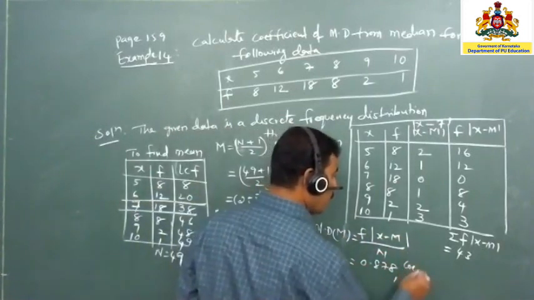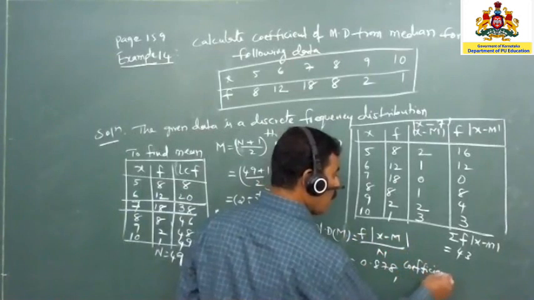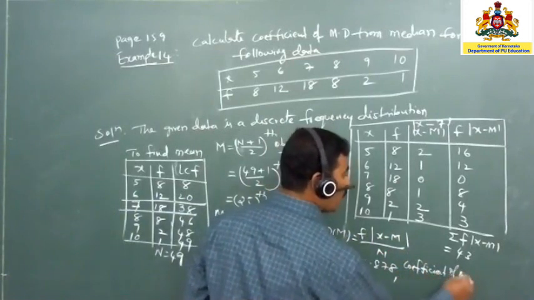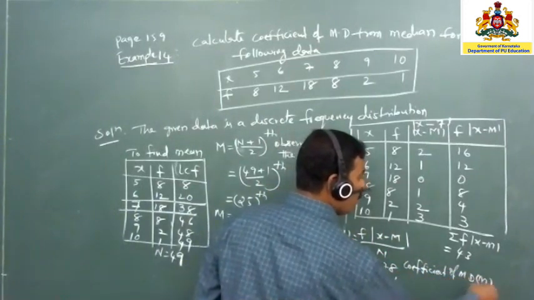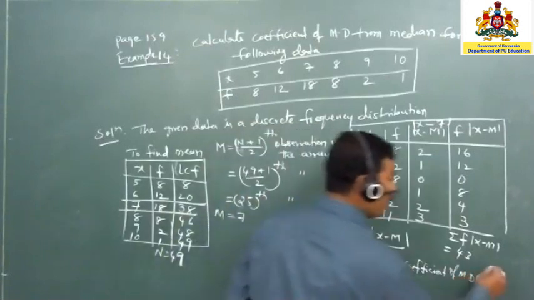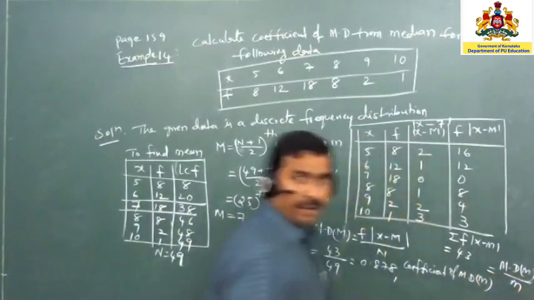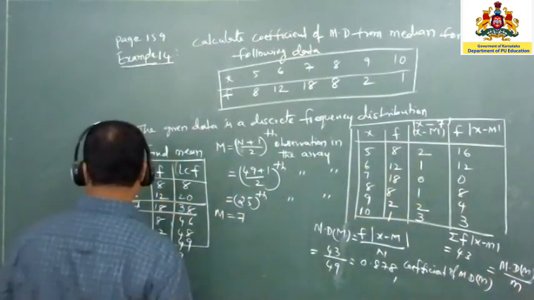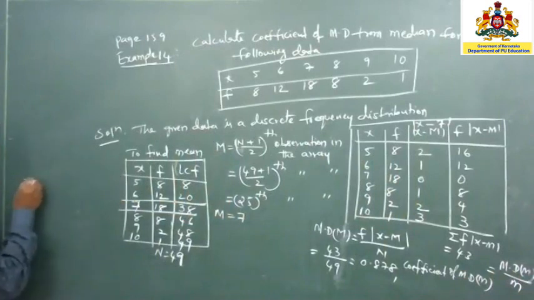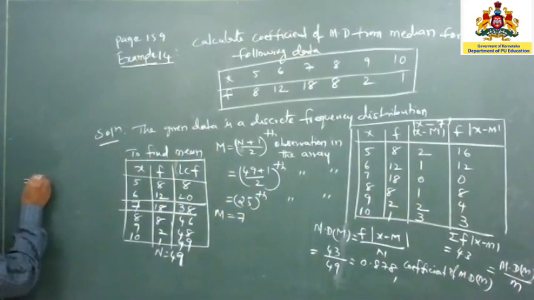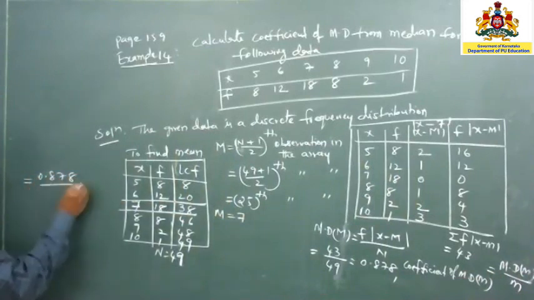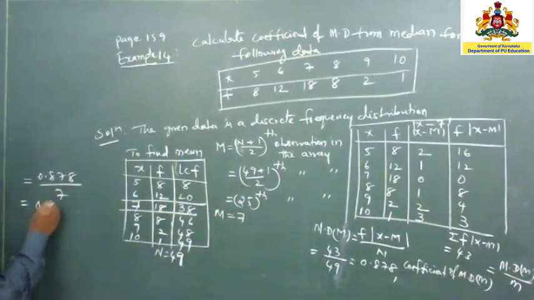Then the coefficient of mean deviation from median equals mean deviation from median by median, which is 0.878 by 7, so the value is 0.125.